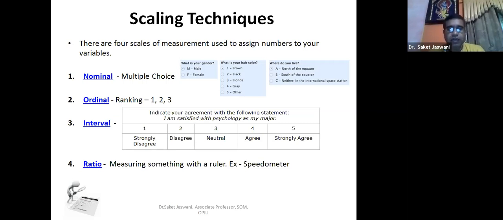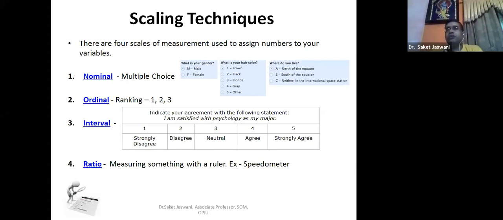So Likert scale is the most preferred interval scale. It is a 5-point, 7-point or 9-point scale, where the differences are equal between all the points, 1 and 2, 2 and 3, 3 and 4. The differences are equal, but the value of 0 is null here. There is no value of 0 here. These are known as interval scales, also known as continuous scales. Generally, we use interval scale in our studies.